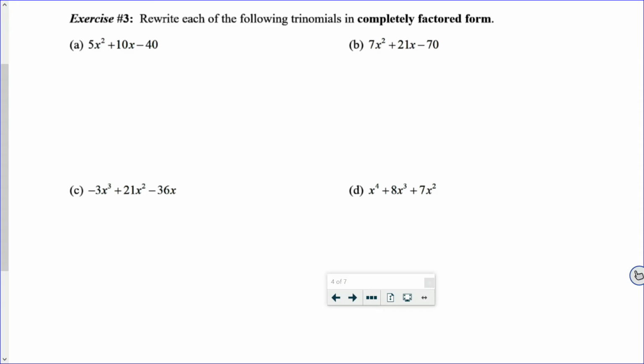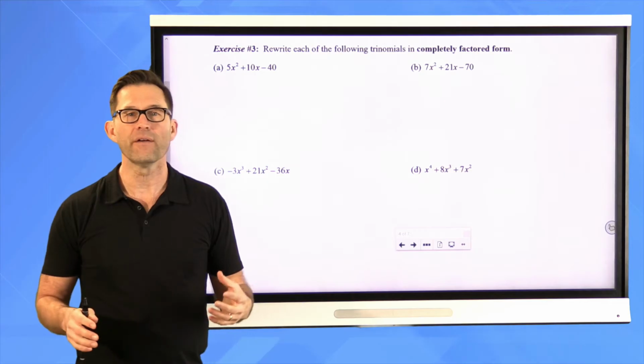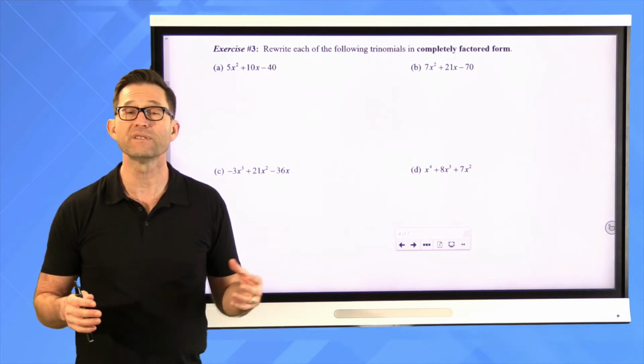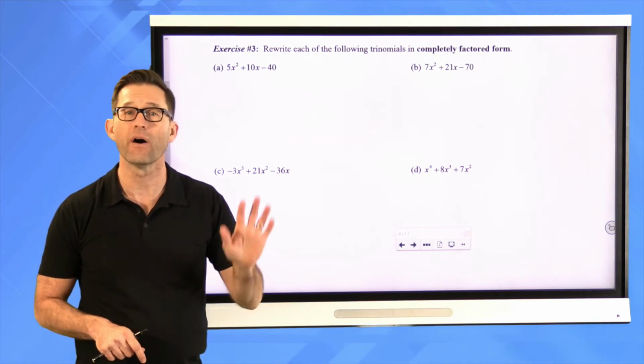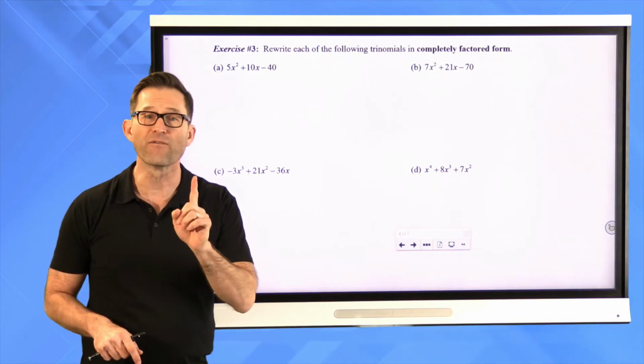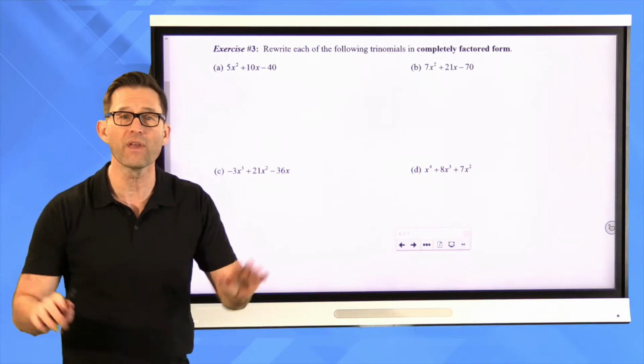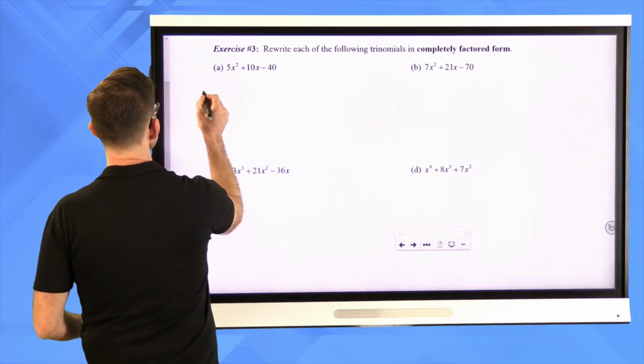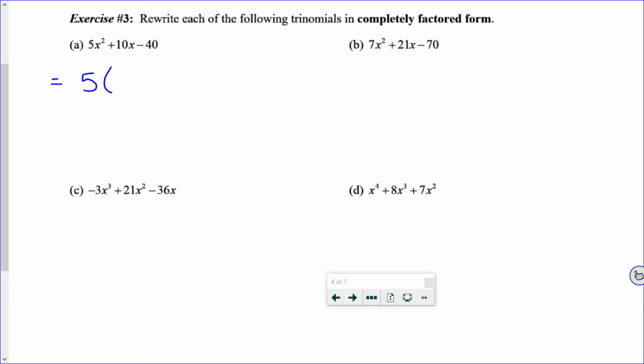Here we have 5x squared plus 10x minus 40. Now if we look at the 5, the 10, and the 40, we see that that trinomial has a GCF of 5. So that's going to be my first thing. Before I do anything else, I'm going to first write this down as 5 times x squared plus 2x minus 8.